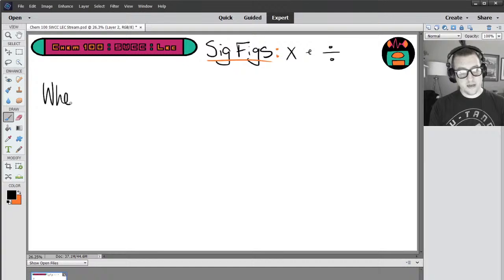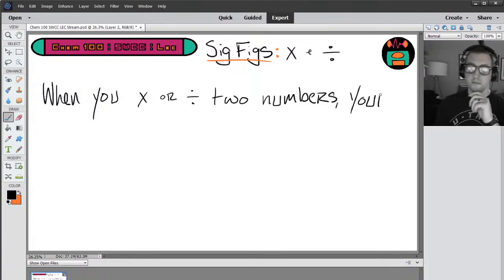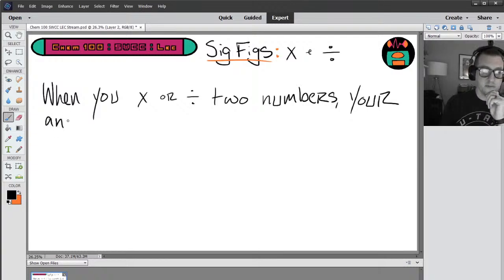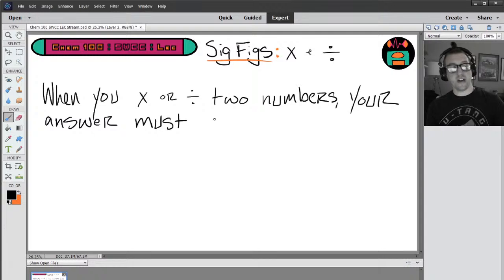So when you multiply or divide two numbers, your answer must have the same number of sig figs as the number you multiplied or divided with the least.